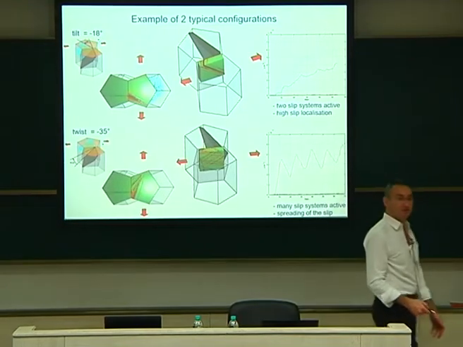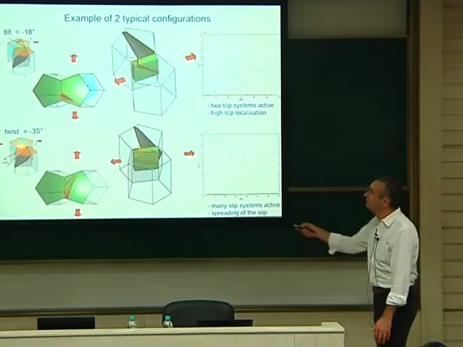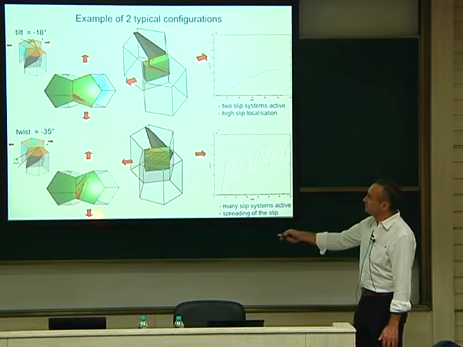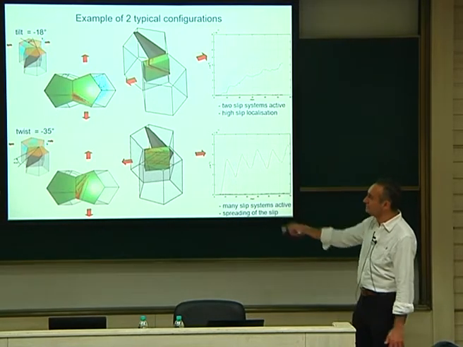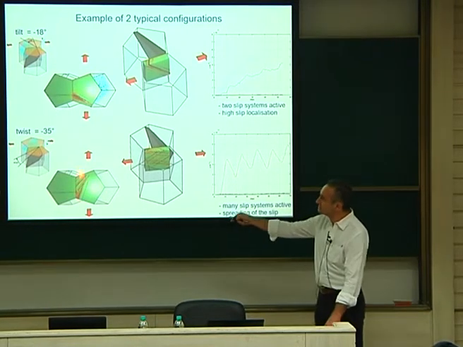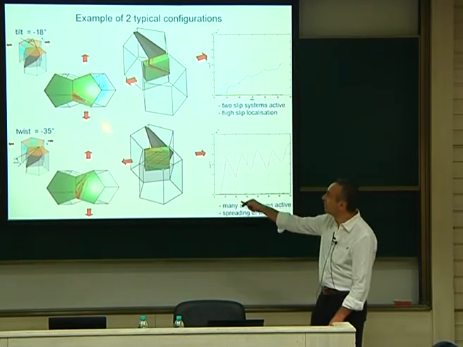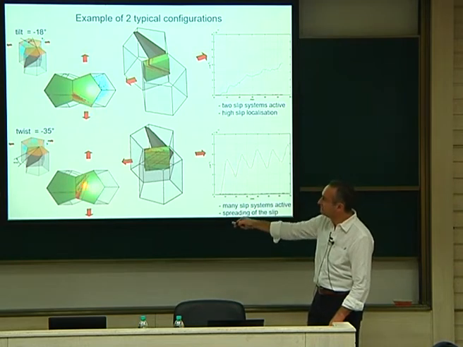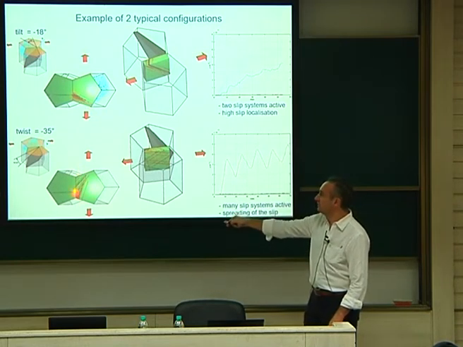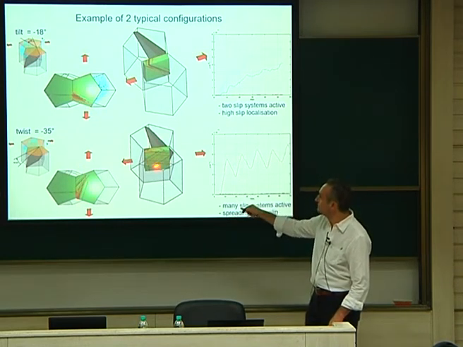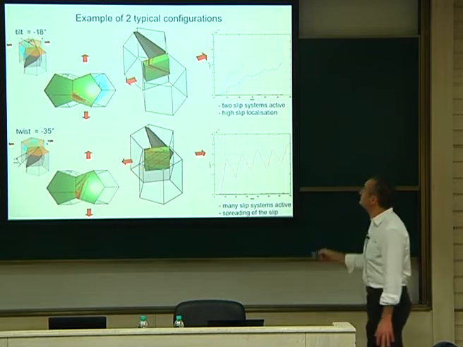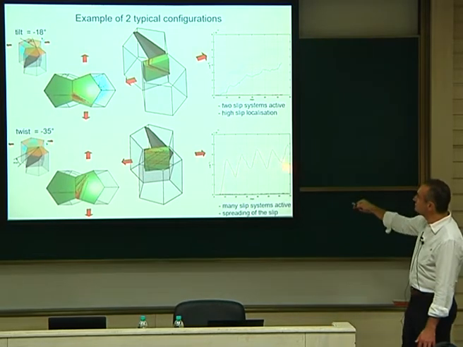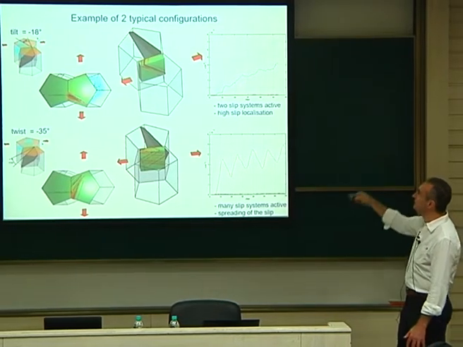And in some other case, it's totally different. This is the case here for minus 35 degrees. You see the same thing, so we put the crack and we see what happens. And now you have a huge slip dispersion here. The slip is no more concentrated ahead of the crack. It is located everywhere in the grain boundary like that. And you can see a very, very big slip dispersion here. And you can see that the dislocation density is not something which is increasing and localizing.